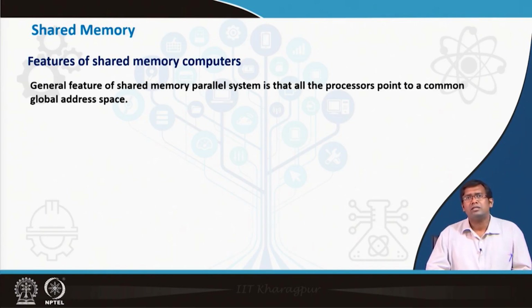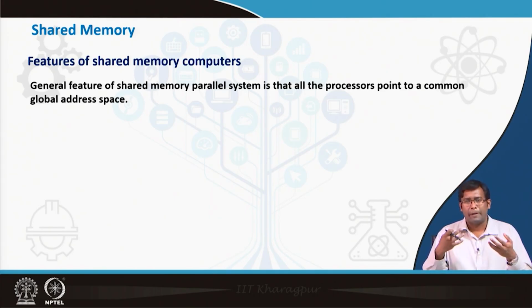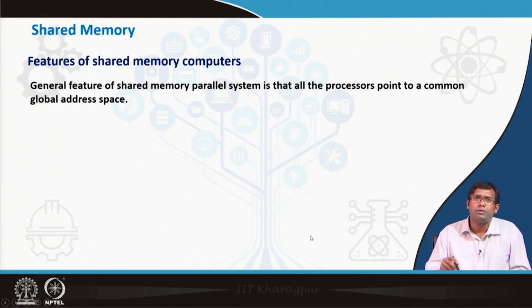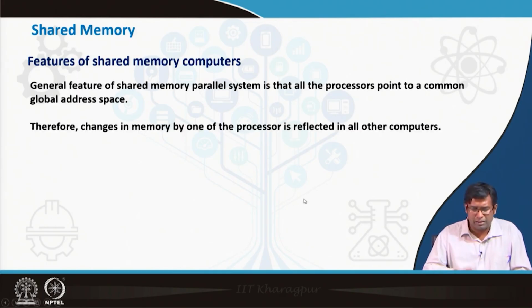Similarly, even if these shared memory systems are NUMA multiprocessors with different memory units for different processors, they are pointing to the same address space. For uniform memory access, it is the same piece of memory to which all the processors are connected. So, both physically as well as from the memory management perspective, they are pointing to the same address space. Shared memory means it is the same address space which is shared between different processors.